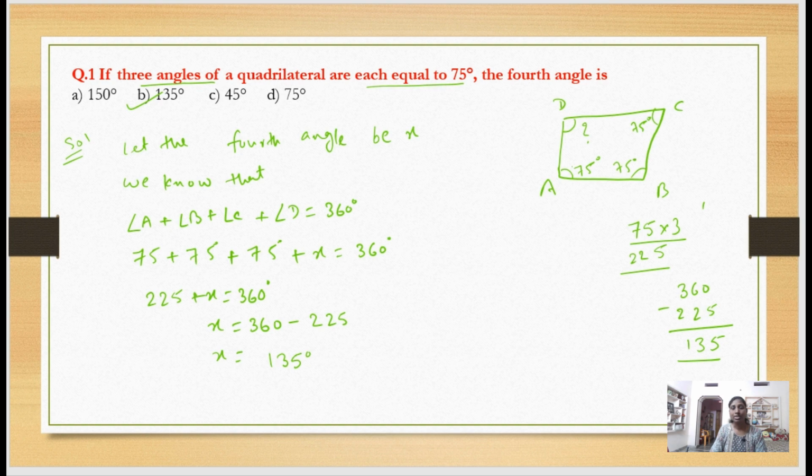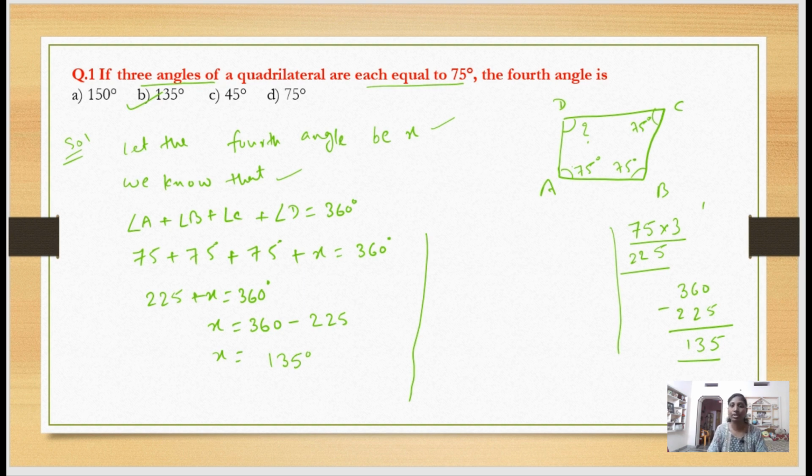Suppose this question is given in 2 marks. Okay, suppose it is a 2 marker, then you will do in this way. Otherwise you no need to write all these in detail, all these steps you no need to do. Just you have to do this. There are 4 angles in a quadrilateral. Okay, out of them 3 we know, 75, 75, 75. Just multiply 75 by 3.